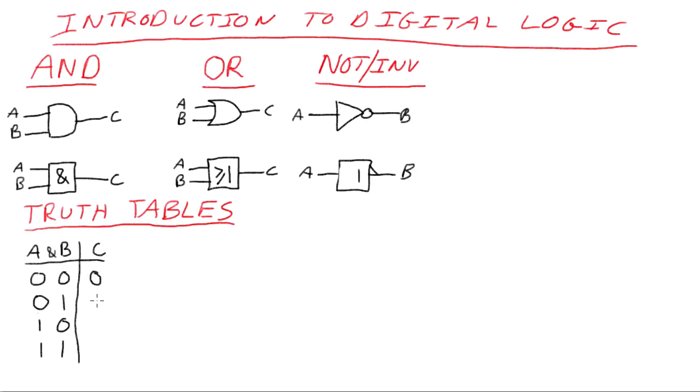No. So it's not true. It's a 0. Are both A and B 1 in this case? No, it's not. Are A and B 1 in this case? No, it's not. Are both A and B 1 in this case? Yes, bingo. And that is our truth table for the AND gate. The output here, C, is only true if both A and B inputs are true.